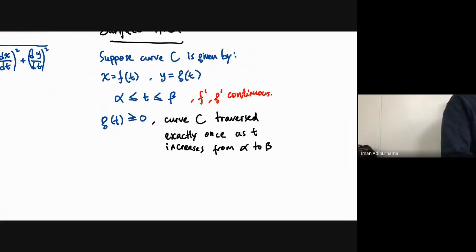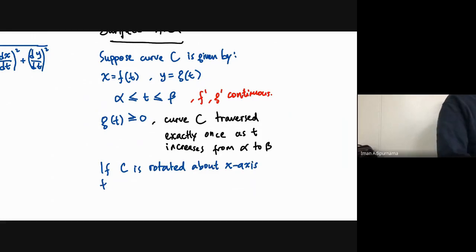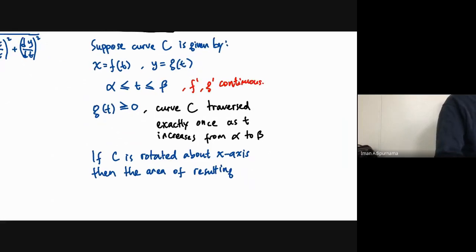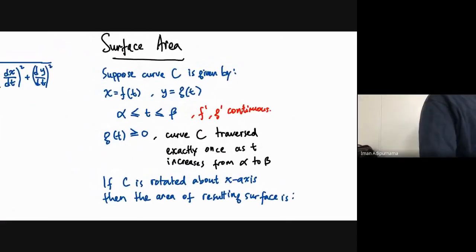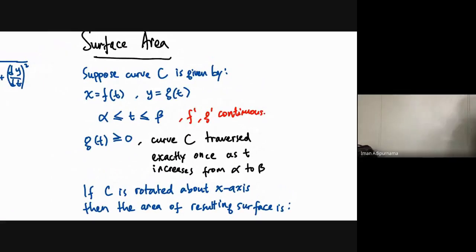And if C is rotated about the x-axis, then the area of the resulting surface is, okay, let me review what is written here.